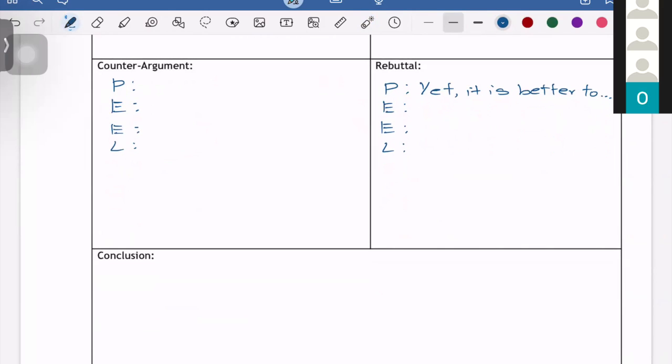Then conclusion, summarize your points. And restate your stand.